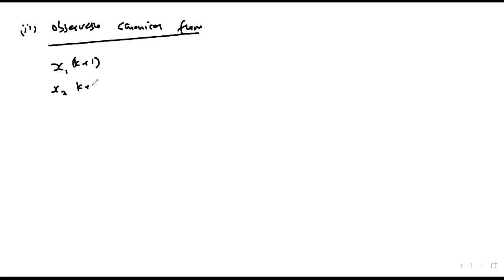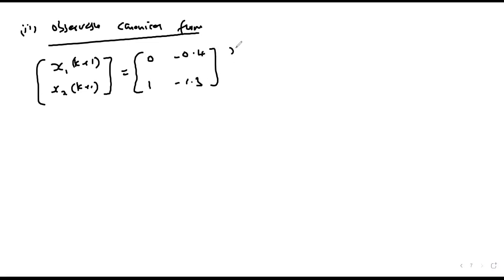x2 of k plus 1 will be equal to, so we transpose matrix G to obtain 0, 1, and then negative 0.4, negative 1.3 into x1 of k, x2 of k, plus, then we transpose matrix C to obtain our matrix H as 1, 1, u of k.